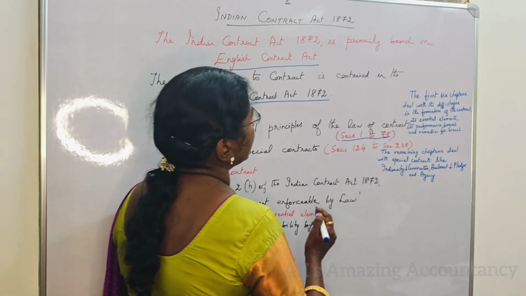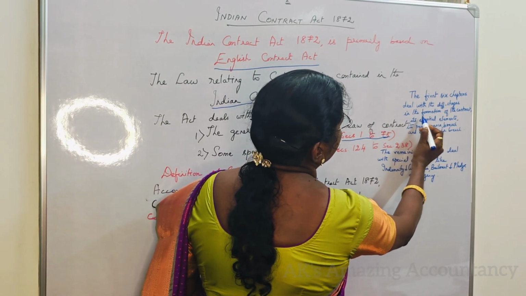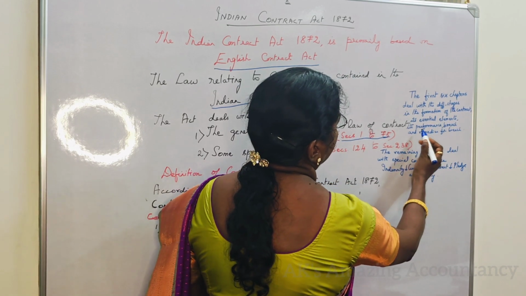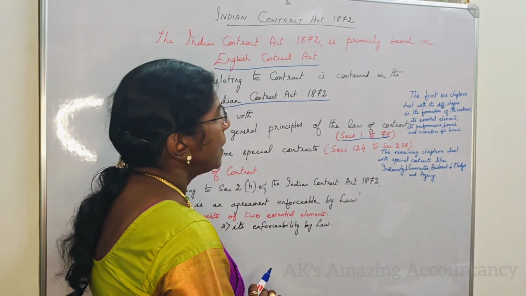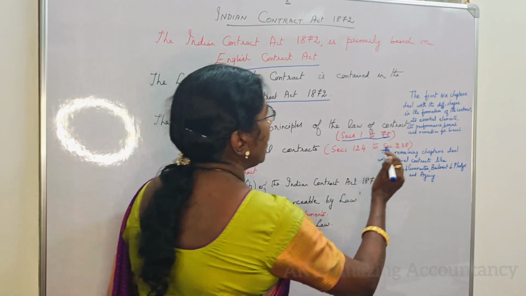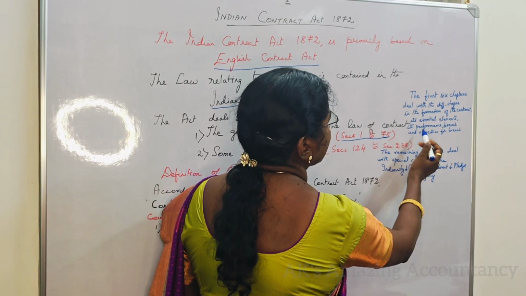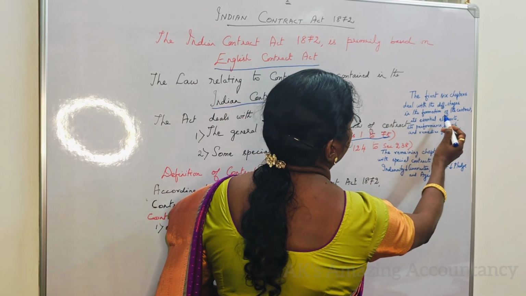To be even more clear, the first 6 chapters deal with the different stages in the formation of the contract, its essential elements, its performance, breach, and remedies for breach. All this will be dealt with as separate chapters later, so I will be giving you a clear explanation for all this.